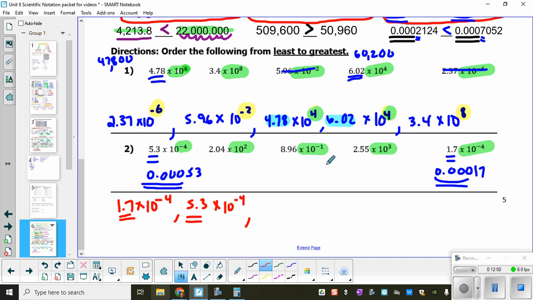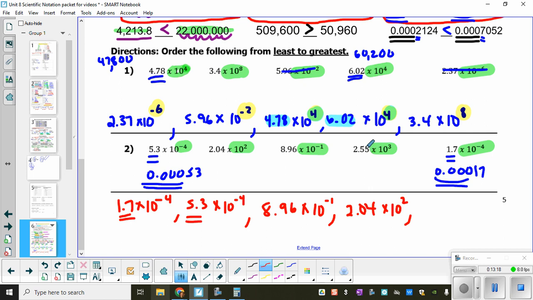All right, and now we have another negative exponent, the -1. So the 8.96 times 10 to the -1. And now for the positive exponents, the 2.04 times 100, this is going to be 204. So 2.04 times 10 squared. And this one right here times 1,000, this is going to be 2,550.